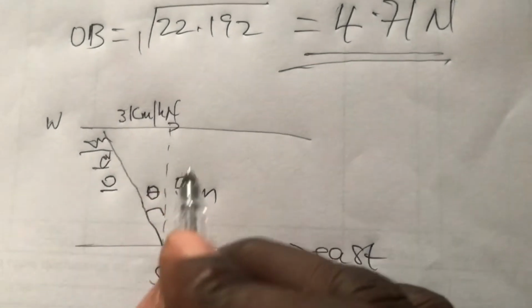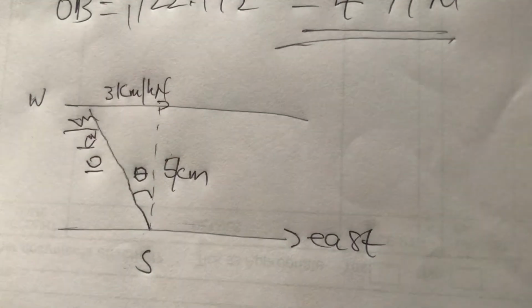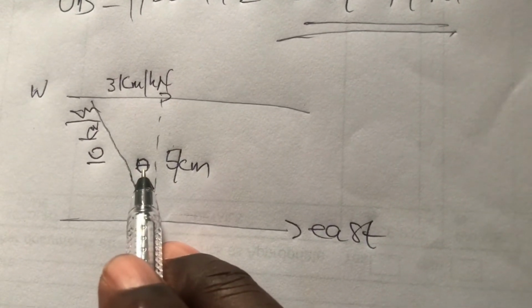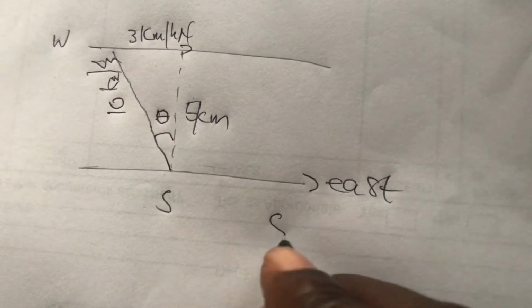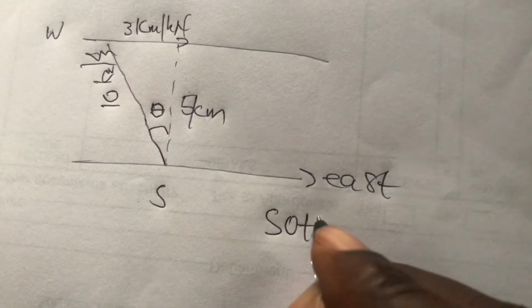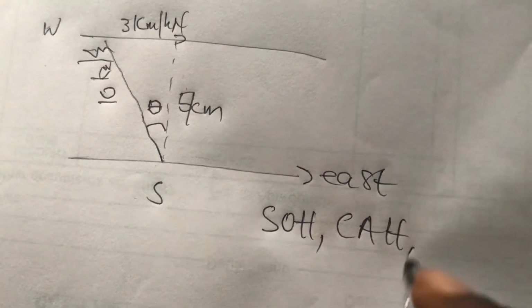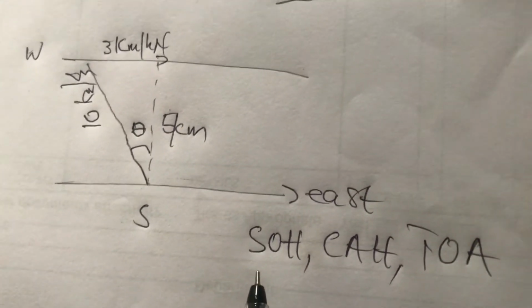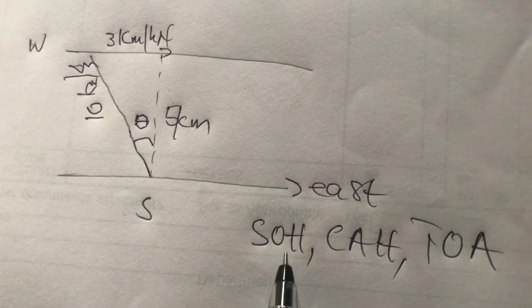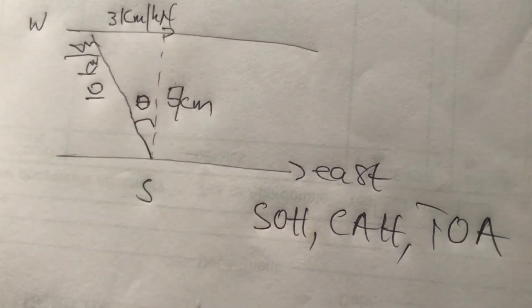So looking at this triangle, we are looking for angle theta. Using our SOHCAHTOA trigonometry, sine theta is opposite over hypotenuse.